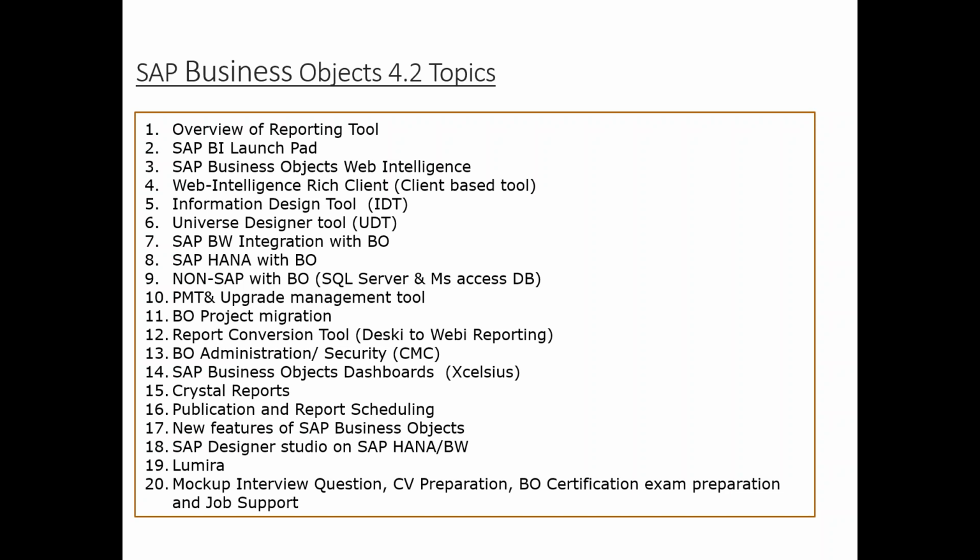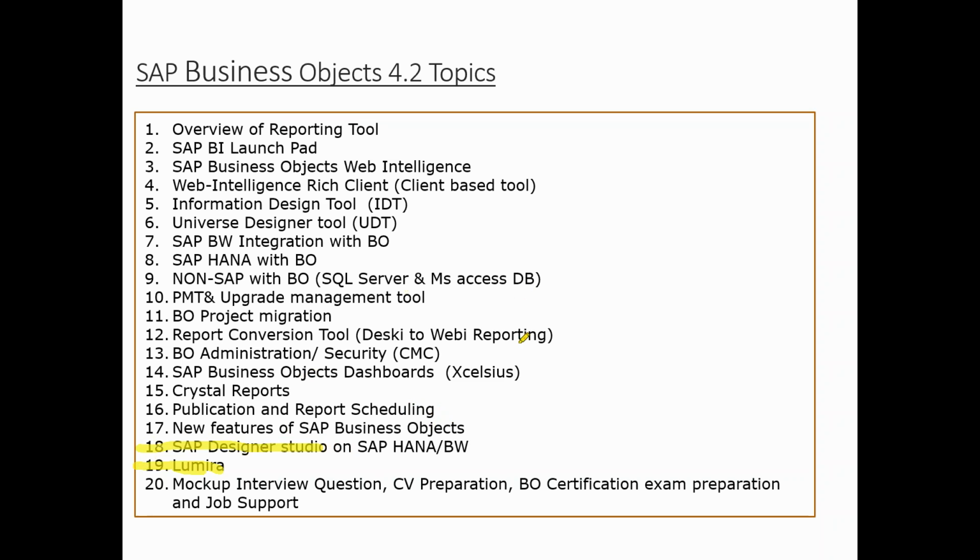In business objects, how Tableau works, Lumira similarly works. Lumira is one of the tools in business objects. When you talk about QlikView, how QlikView works, Design Studio is similar to QlikView. These are dashboard tools, Lumira and Design Studio, used in SAP projects.